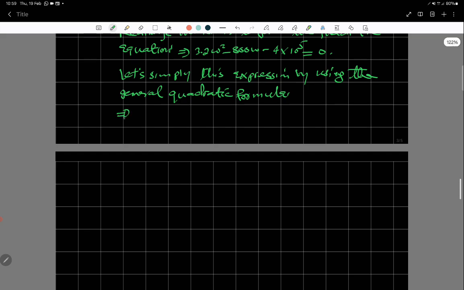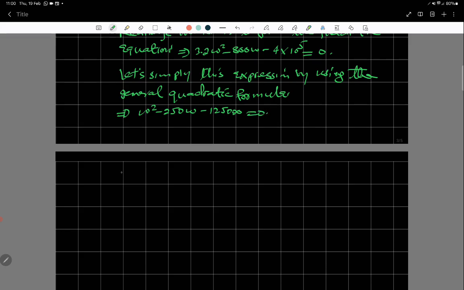The equation becomes, after simplifying, W squared minus 250 W minus 125,000, which is equal to 0.